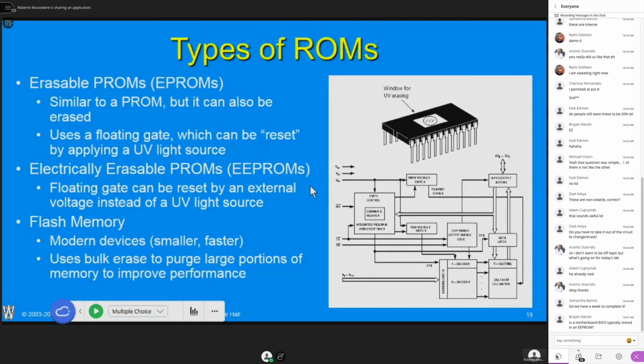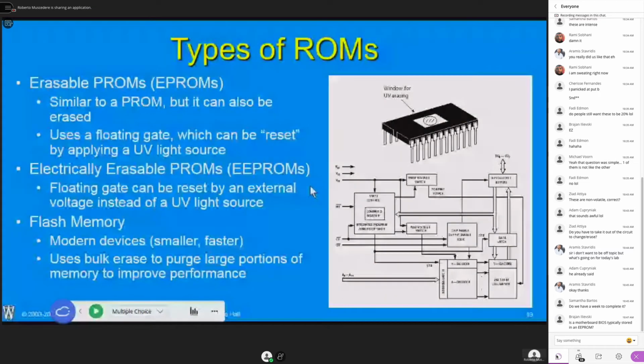It's the idea of what NOR means. It just says how it's built internally, like a NOR gate. So they're good if you want to make small changes. You know, I want to change a byte here, I want to change a byte there. So it's good in devices where you're just changing some setting here and there. So in your motherboard, an EEPROM would be your CMOS settings.